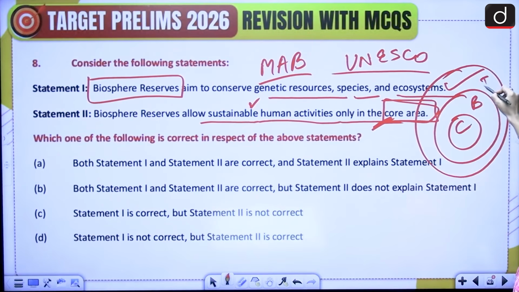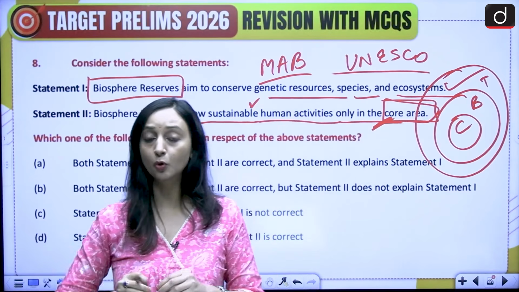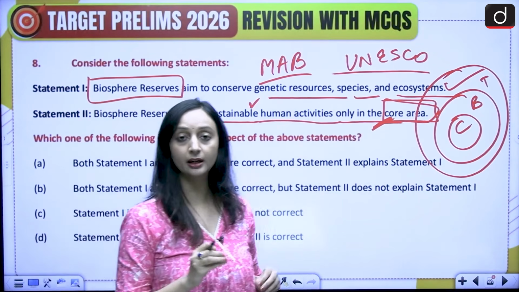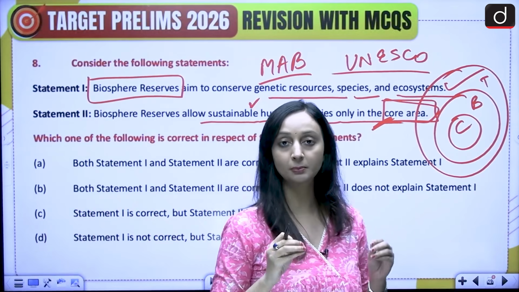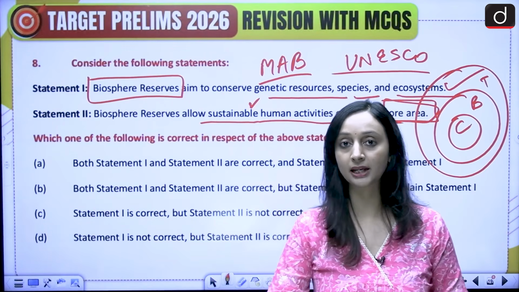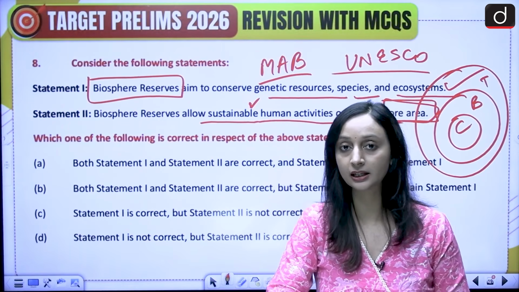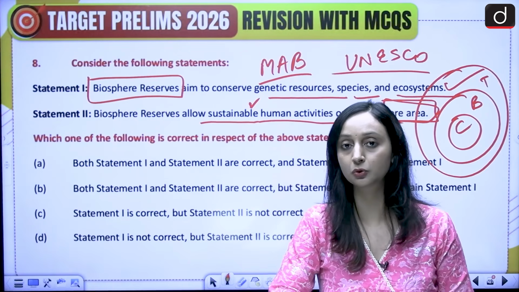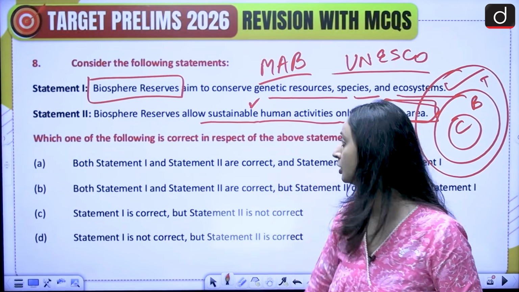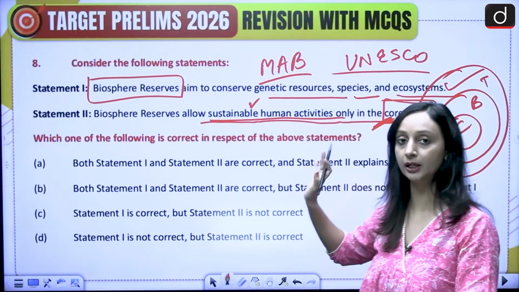The core of any protected area is the most protected area, where you need maximum conservation. Most restrictions are in place in the core region only. Most human activities are prohibited, everything is regulated, maximum restrictions and rules are placed in the core area. So this does not allow sustainable human activities in the core area.